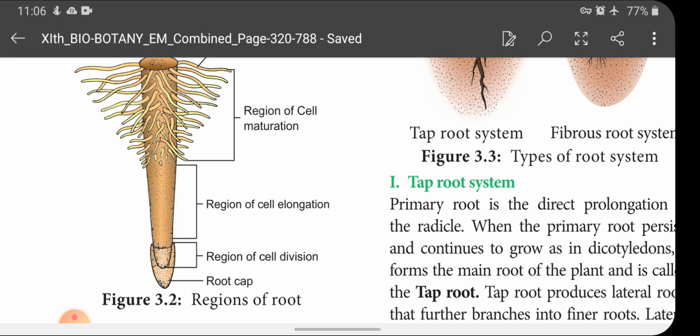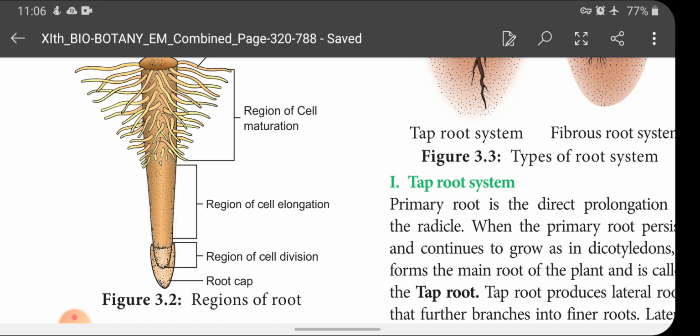One is the region of cell division, and above the region of cell division, the region of cell elongation is present. The region of cell division consists of meristematic cells. These meristematic cells start division and help in the growth of root.